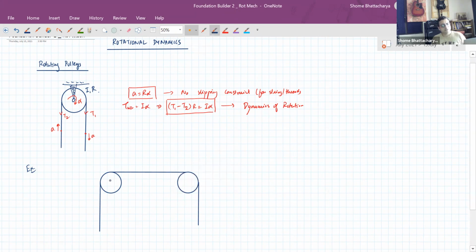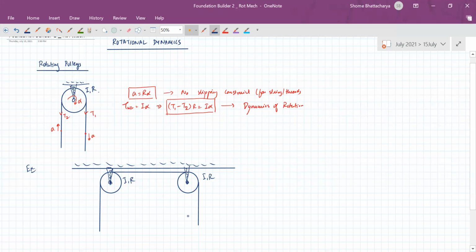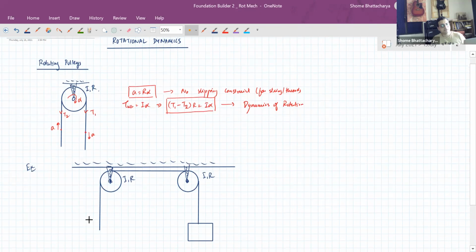In this situation, let's say we have two identical pulleys which are suspended like this. They can both rotate freely about their respective axes. They are identical, meaning they have the same moment of inertia and radius. On this side we have attached a heavier block, and on this side a lighter block.